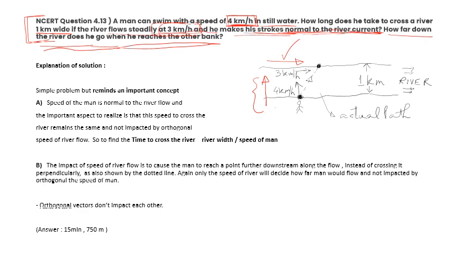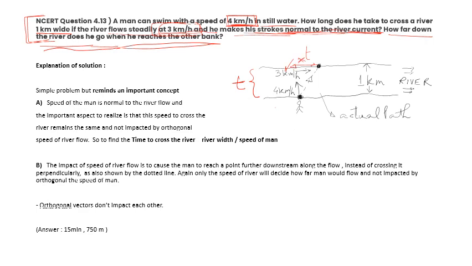Hence, they are totally perpendicular to each other and they are not impacting one another. So what that means is, there are two things. If we find out the time the man takes to cross the river, and we multiply that time with the stream's velocity, we will get this distance.